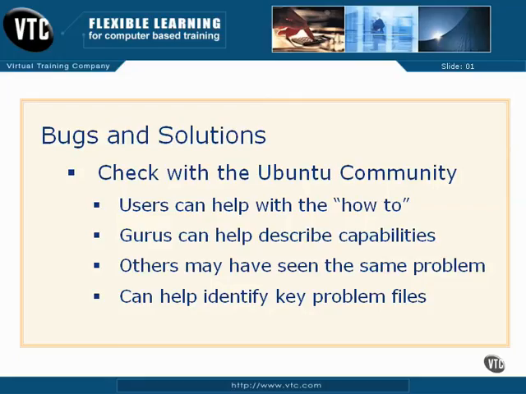If nothing else, someone else has probably run into the same problem before and will empathize with you. Even if others in the Ubuntu community are unable to solve your problem, they may be able to help you identify critical problem files. If you've described the problem well, a developer or guru may even suggest that you create a bug report.